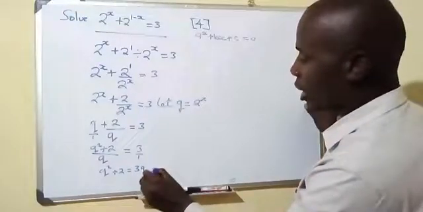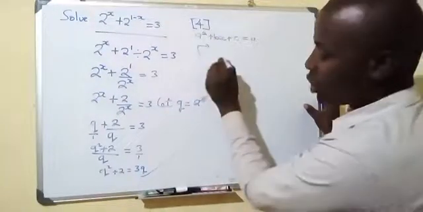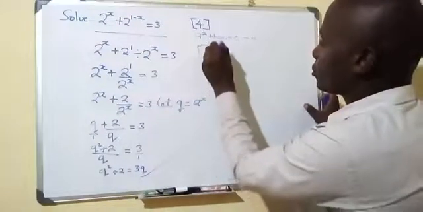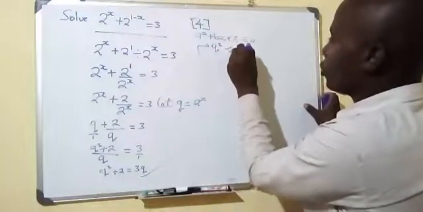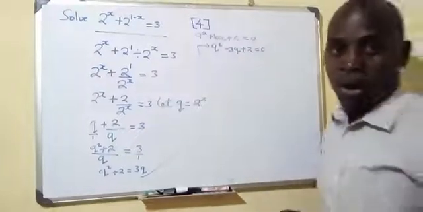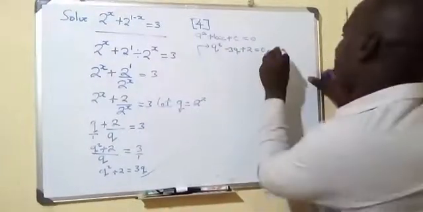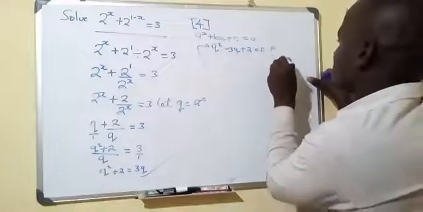So I'm going to have q squared minus 3q plus 2 is equal to 0. Okay. So now when I reach here, I find the product, sum, and factors.